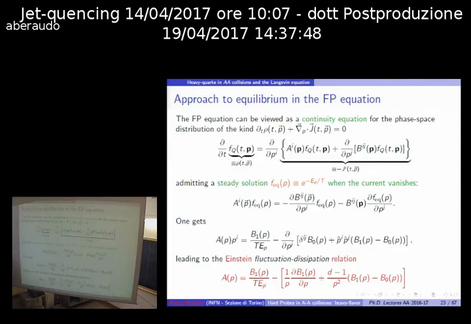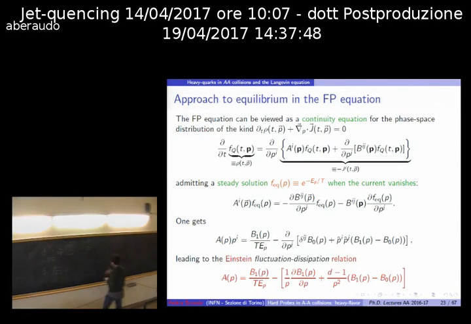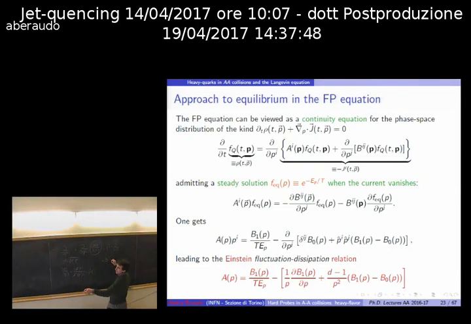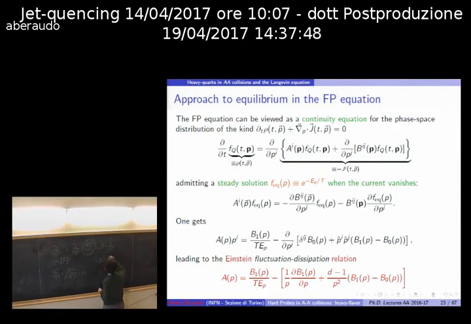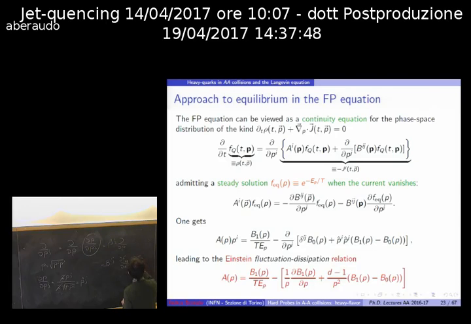Because of course you must also take, for instance, here where this term comes from. These terms come from the following. I have a minus b_ij times this derivative of f_eq with respect to pj. So I can write it as the derivative of f_eq with respect to p, times the derivative of p with respect to pj.